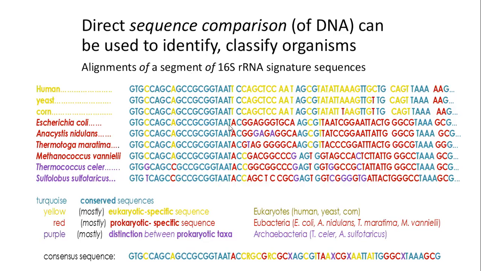So you can just draw a line after corn, and you have different organisms here all on the left, but the divider here between corn and E. coli, Escherichia coli, which is shorthand E. coli, is a bacteria.